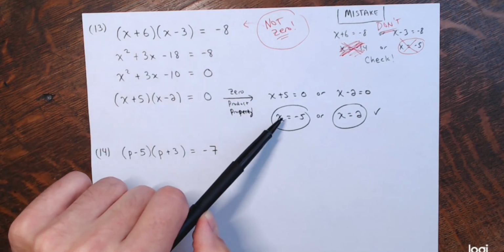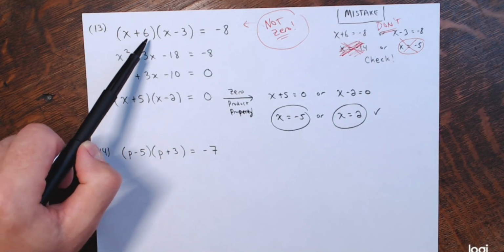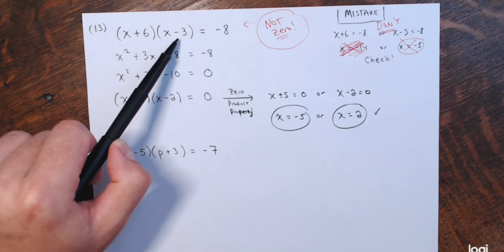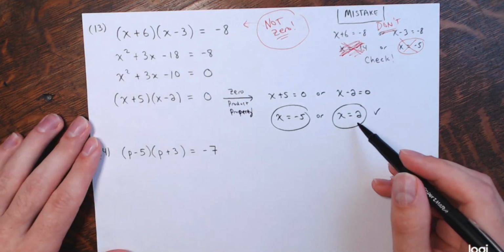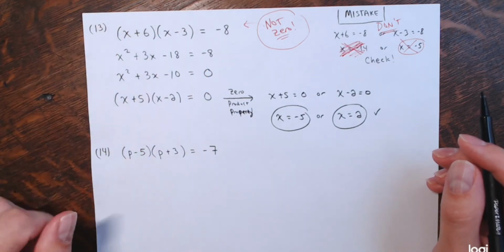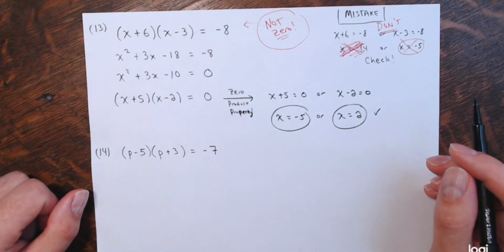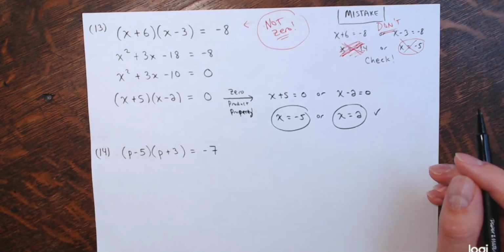That works. And when x is 2, 2 plus 6 is 8. 2 minus 3 is negative 1. 8 times negative 1 is negative 8. That also works. So we got the second solution out of this. But please don't just split up factors just because you see a product. It's got to be a product equal to 0 in order to use that.